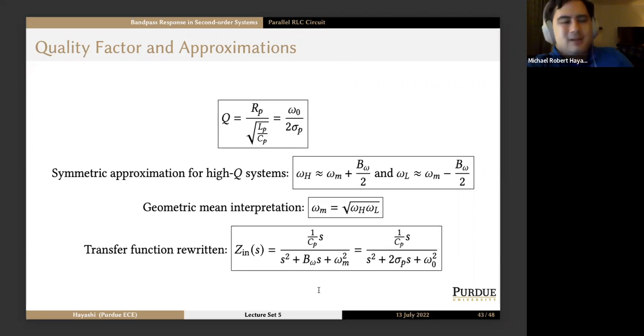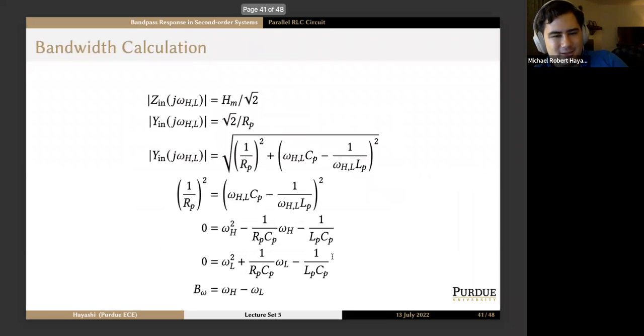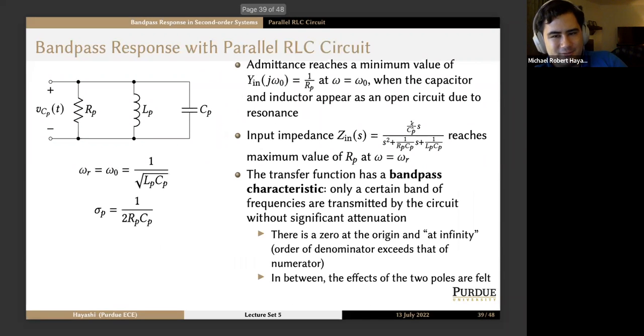Lastly, you don't even have to try that hard to get some of these things if you look at your transfer function very carefully. The original transfer function was 1 over c sub p times s over s squared plus 1 over rp c sub p s plus 1 over lp c sub p. But this is already telling you a lot.